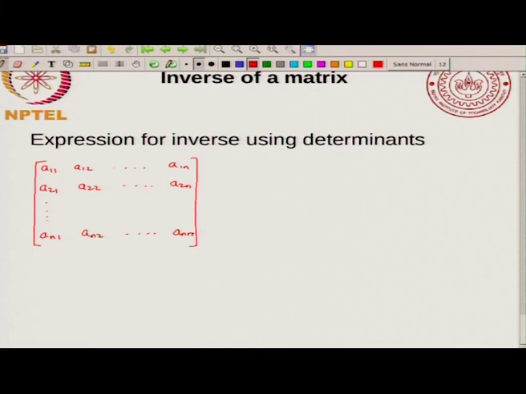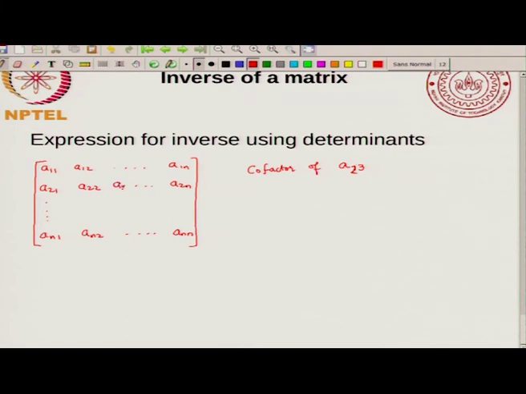If you had a matrix like this, let us say I want to calculate the cofactor of some element. Let me take A23, that will make it more interesting.